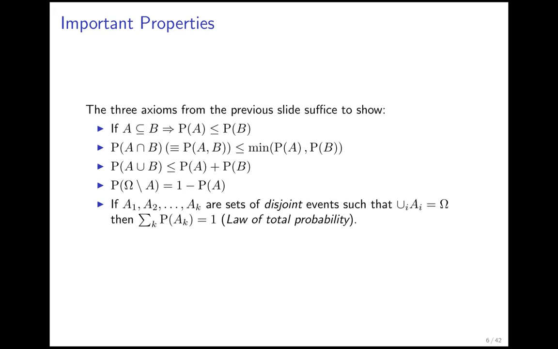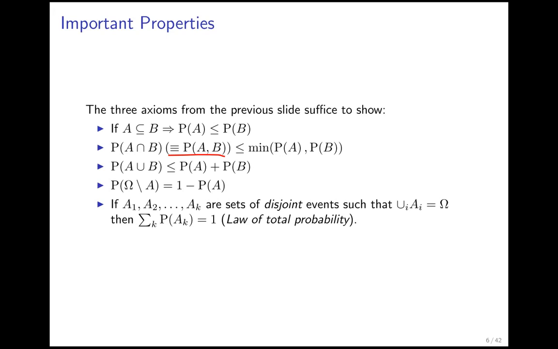Now the second property also concerns two events, A and B, and we're trying to look at the intersection between A and B. And there's going to be a shorthand notation for the intersection of events, because that's something we're going to use a lot throughout the lecture and throughout this video. And that's simply P of A comma B instead of this intersection symbol. It's just a shorthand notation, but it means exactly the same.